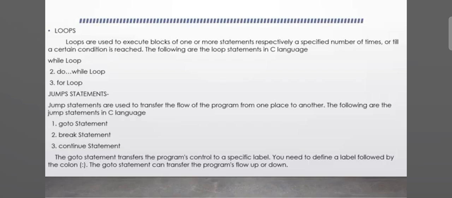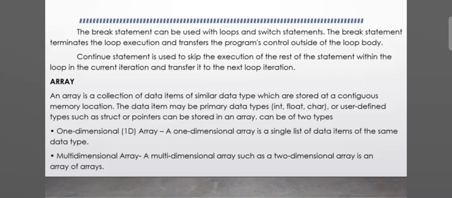The goto statement transfers the program's control to a specified label. You need to define a label followed by a colon. The goto statement can transfer the program's flow up or down. The break statement can be used with loops and switch statements.